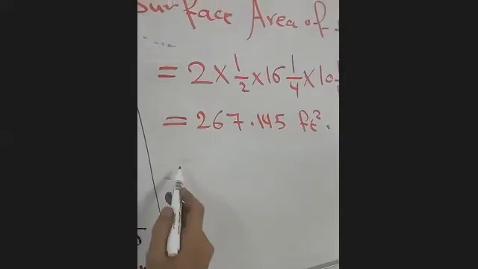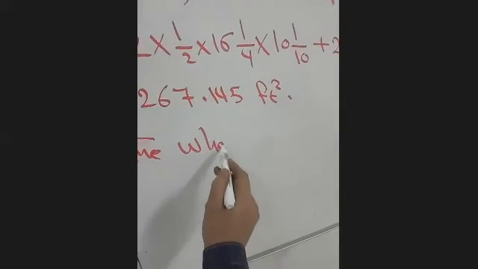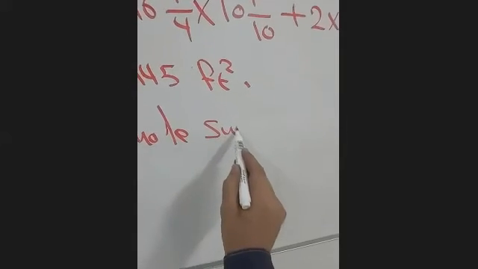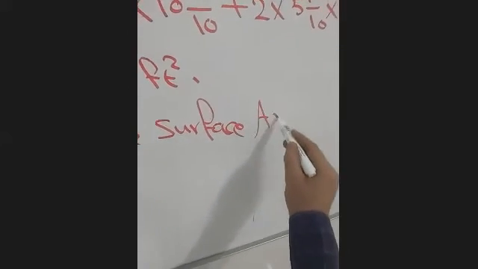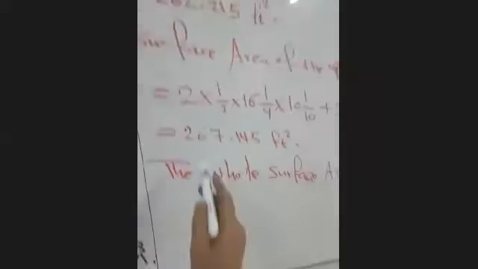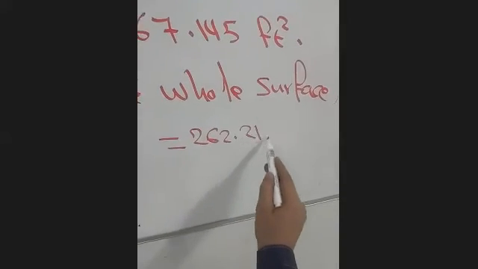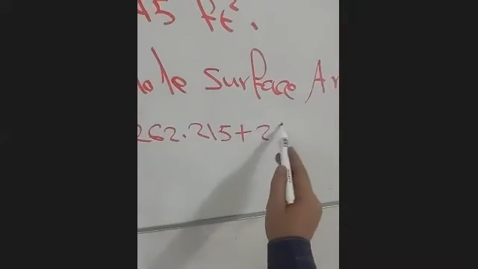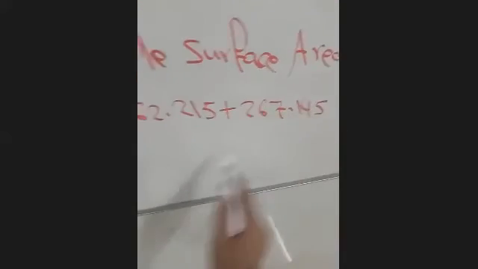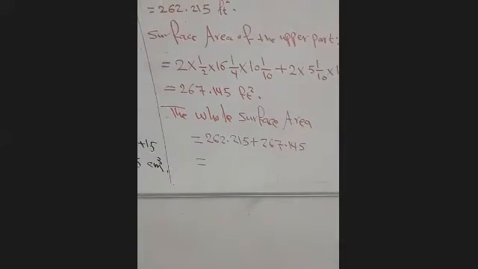The whole surface area equals 262.215 plus 267.145. This equals 529.36 feet squared.